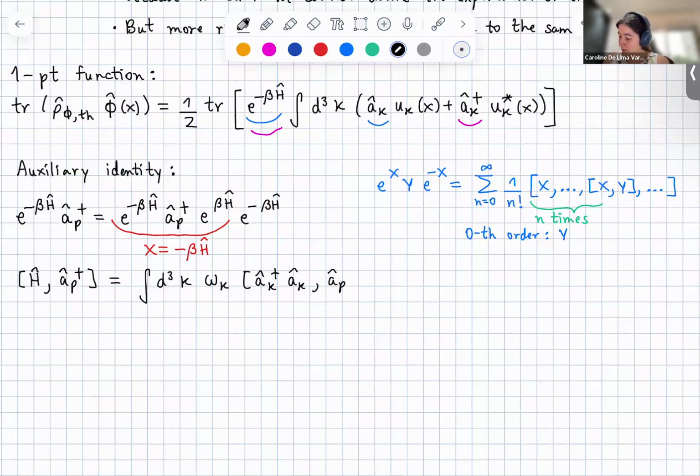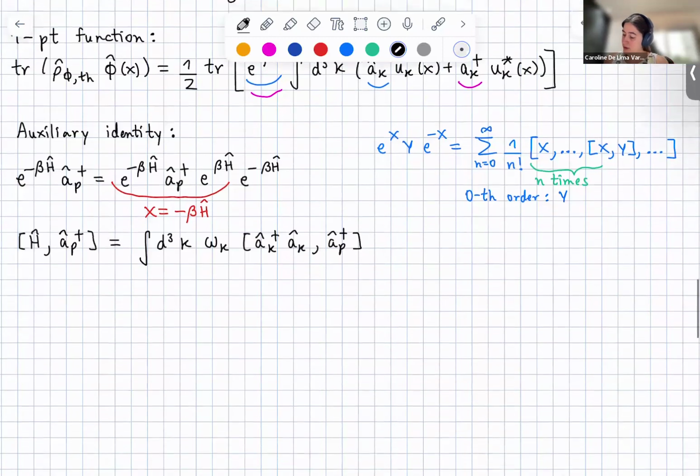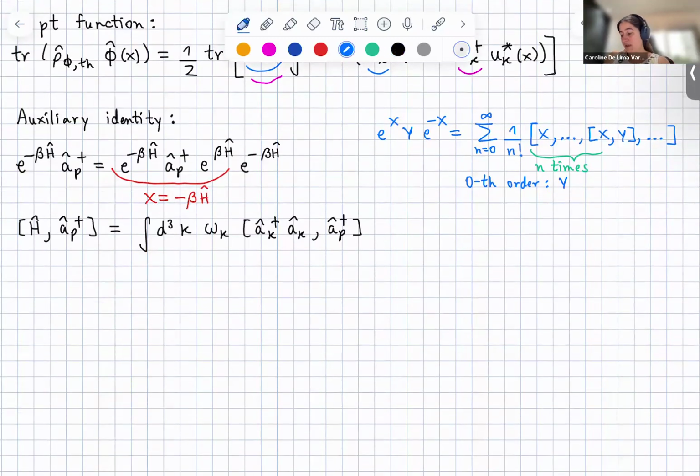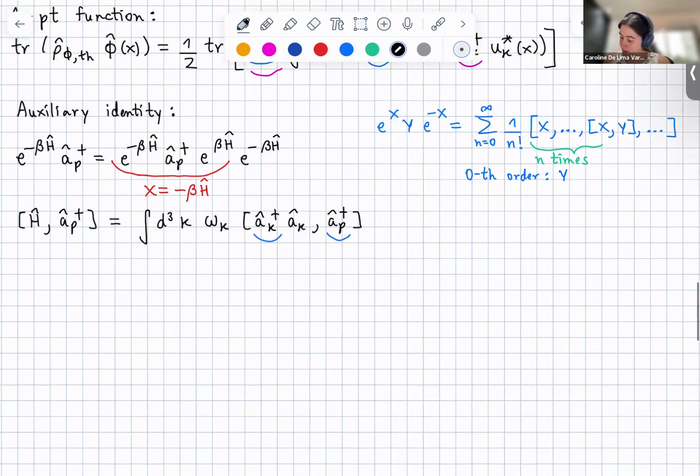Now remember that property we learned in undergrad of how to distribute this product in the commutators. Remember as well that the commutator between a_k dagger and a_p dagger is going to vanish anyway.